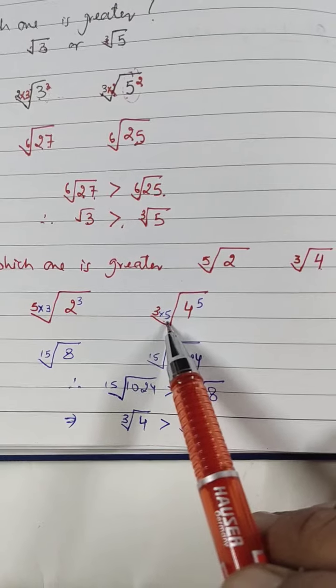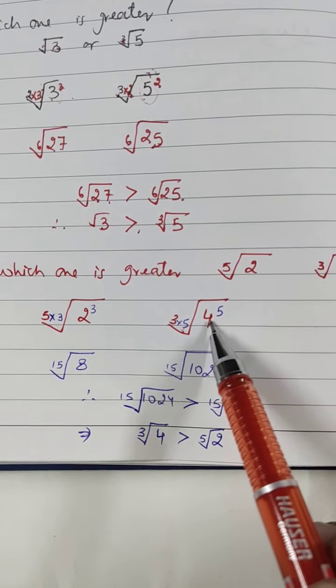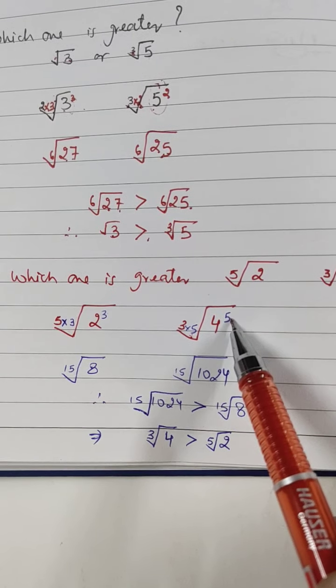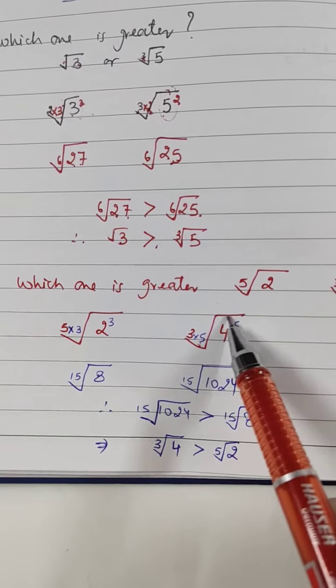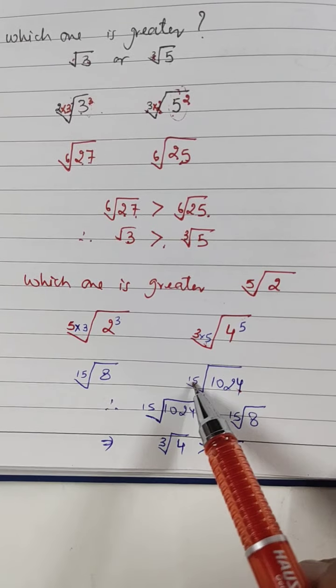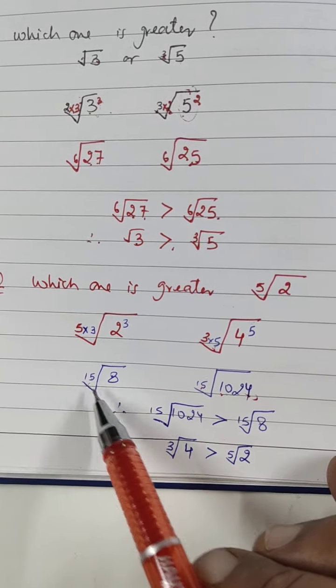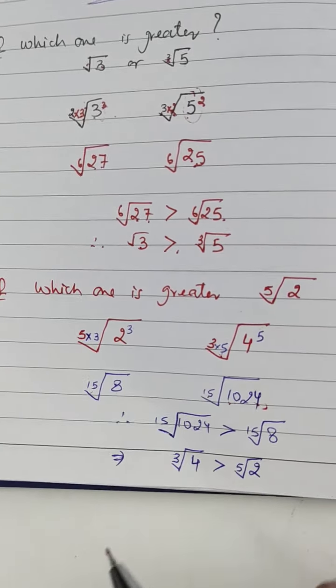And to make 15 at this place, I need to multiply with 5 and take the power of 4 also as 5. This works out to be 1024. So the 15th root of 1024, and this works out to the 15th root of 8.